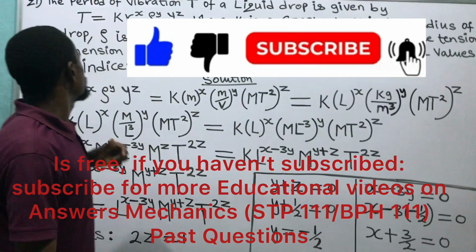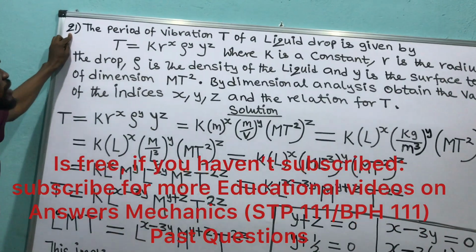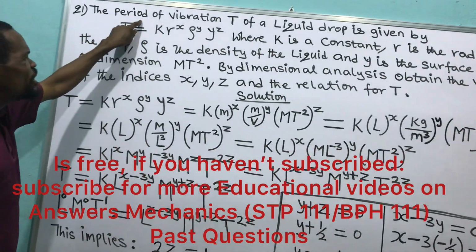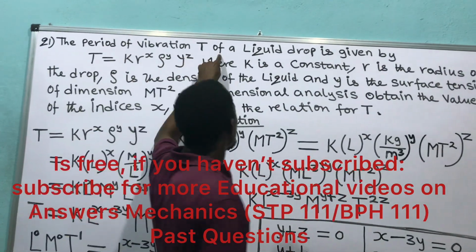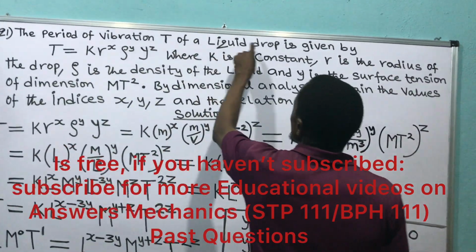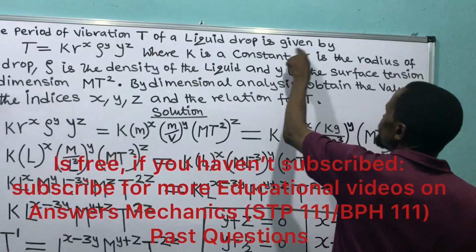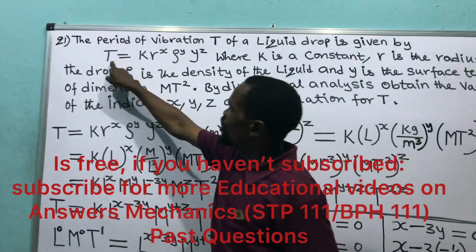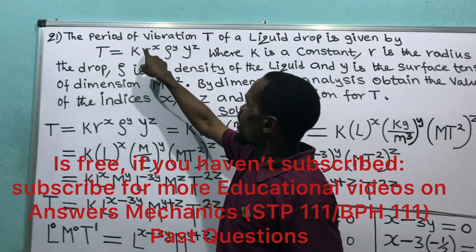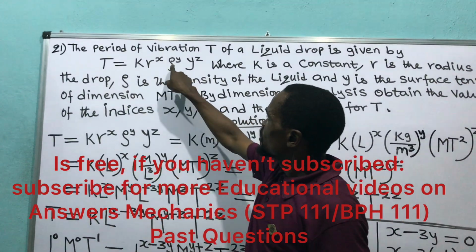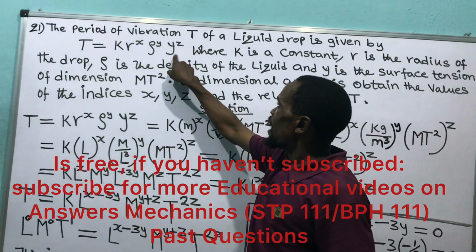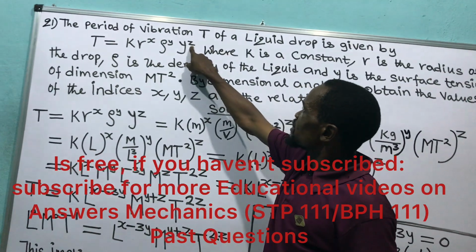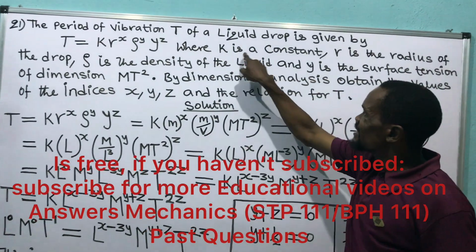Let's go to the question. Question number 1. The period of vibration T of a liquid drop is given by T equals K R raised to the power X, density raised to the power Y, and surface tension raised to the power Z, where K is a constant.